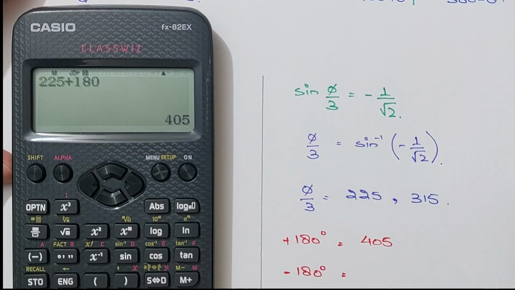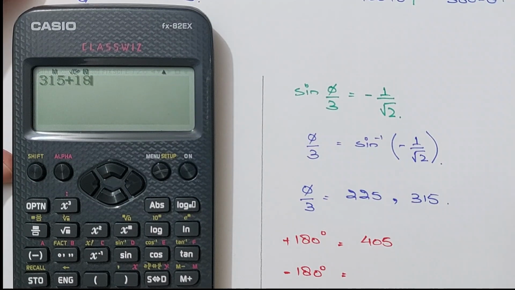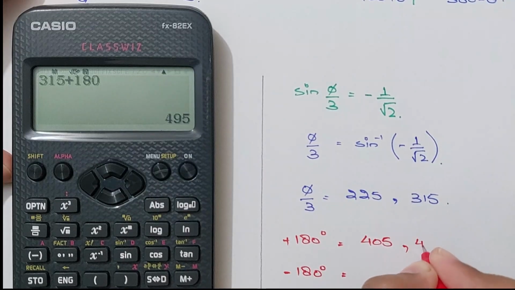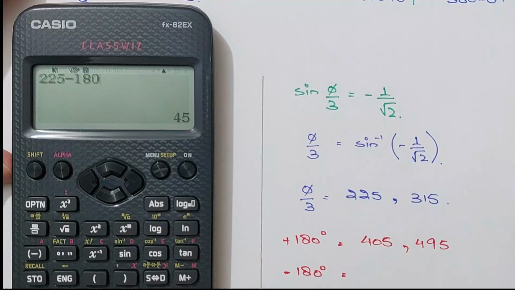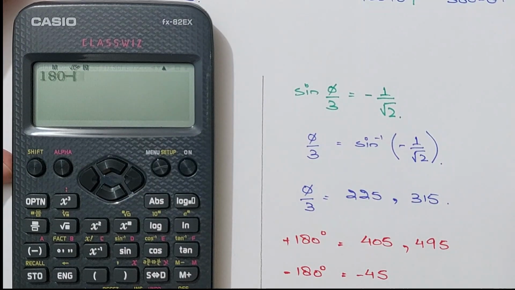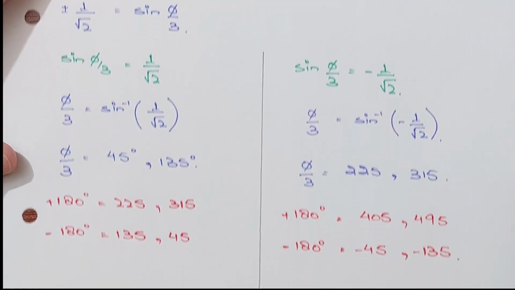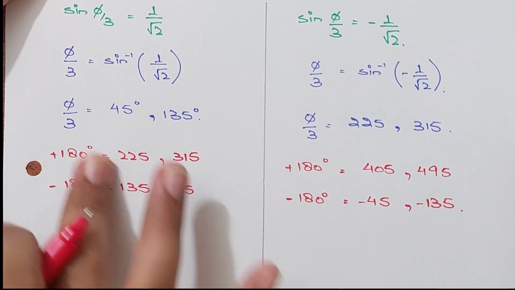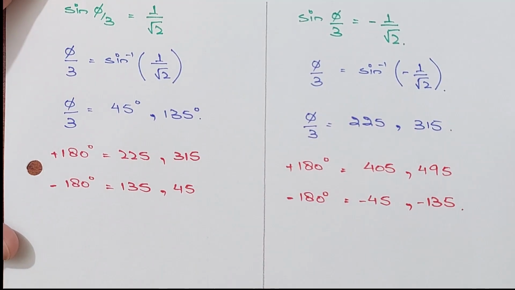And we have 315, add 180, this is 495, right? 180 subtract 225 is minus 45, and 180 subtract 315 is minus 135, right? These are all the 6 values, and these 6 values, in total 12 values, are for 5 by 3. Let me solve for 5.